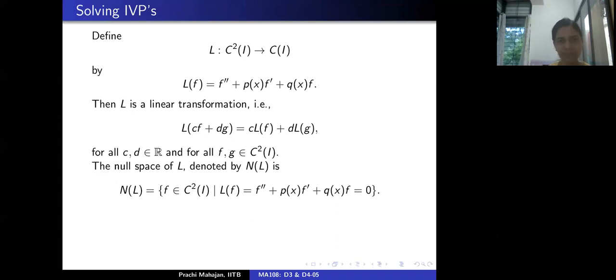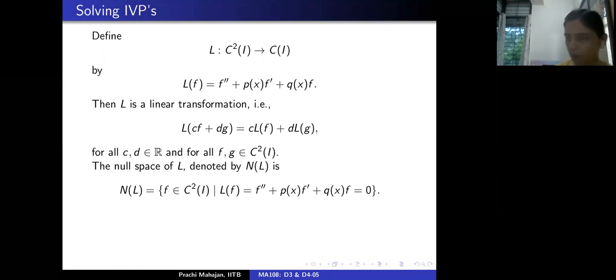Now, having defined a linear transformation, what do we do next? There are natural subspaces that come with any linear transformation, one of them being the null space of the linear transformation. We are going to denote it by N(L). So what is the null space? Let's collect all those functions f which are twice continuously differentiable on this interval I, such that L(f) is 0.